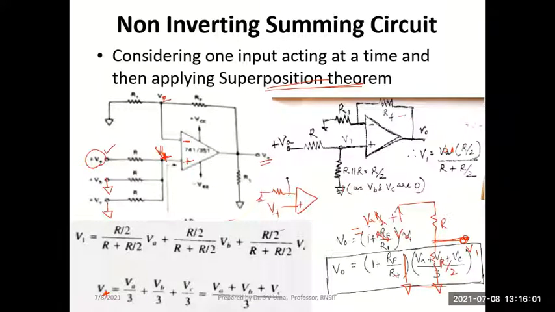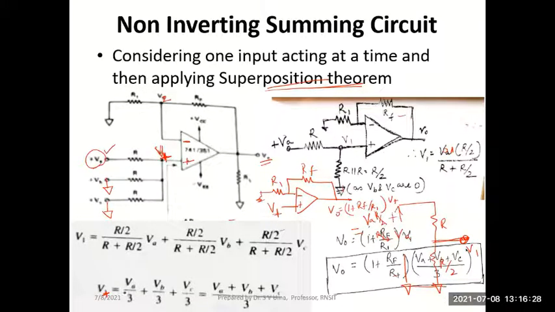And what would be the output of this non-inverting amplifier? Tell me quickly. Output V0 would be, what's the gain of a non-inverting amplifier? 1 plus RF by R1 into the input signal V plus. So V0 is 1 plus RF by R1 into V plus.